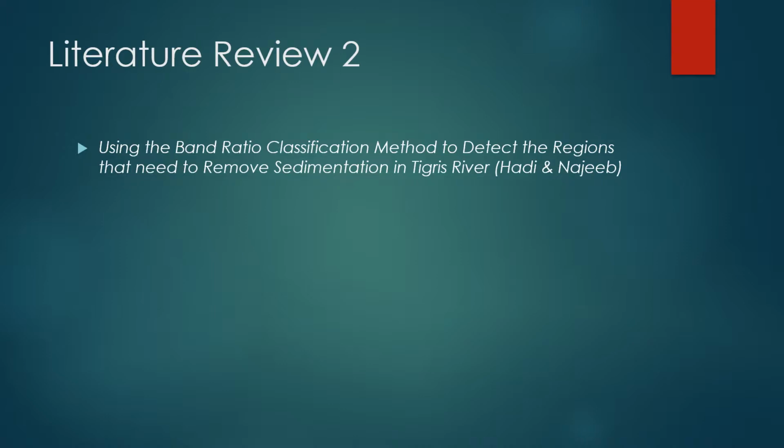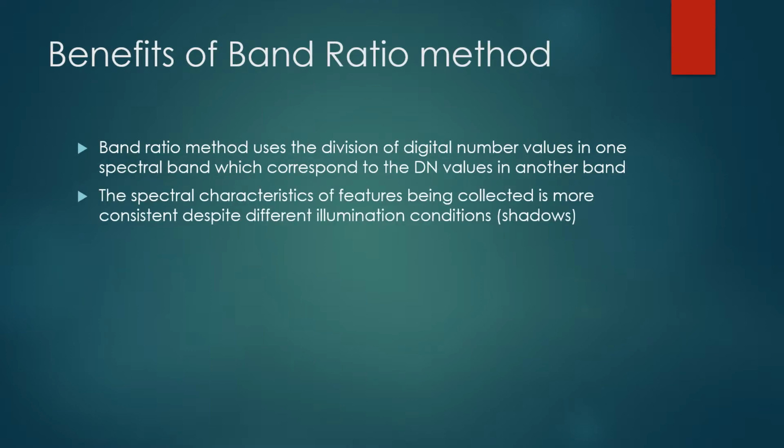This next source is called Using the Band Ratio Classification Method to Detect the Regions that Need to Remove Sedimentation in the Tigris River. The benefit of the band ratio method is that it uses the division of the digital number values in one spectral band by the digital number values in another band.